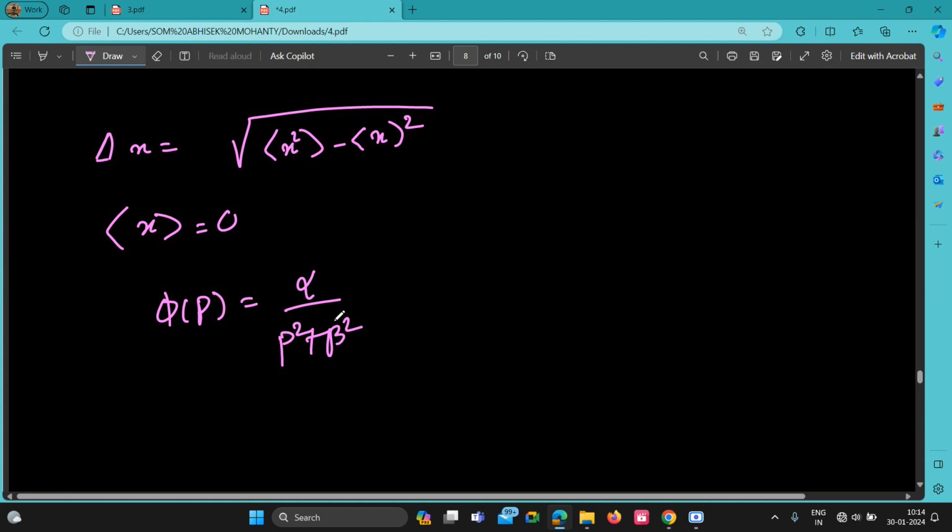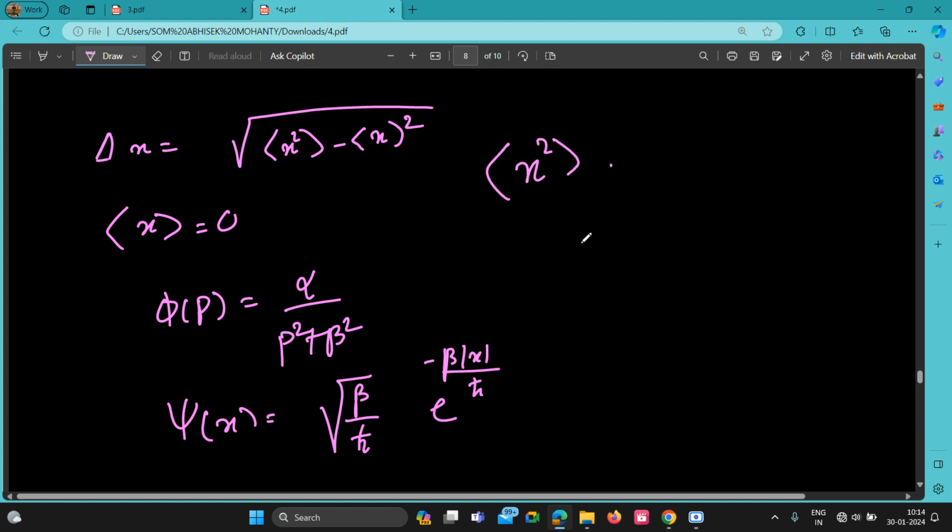If we convert into the position space, it will be psi x equal to beta by h squared e to the power minus beta x by h. So the expectation value of x will be 0, and the expectation value of x square we have to find out.